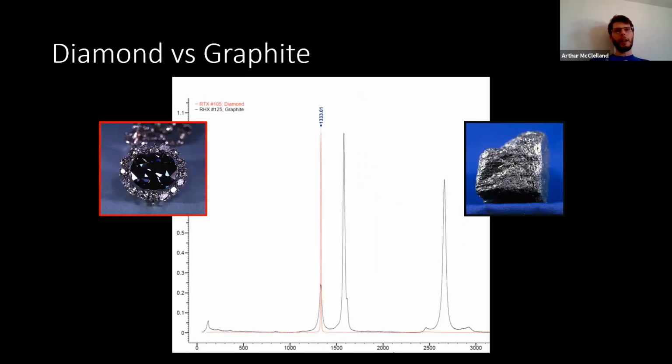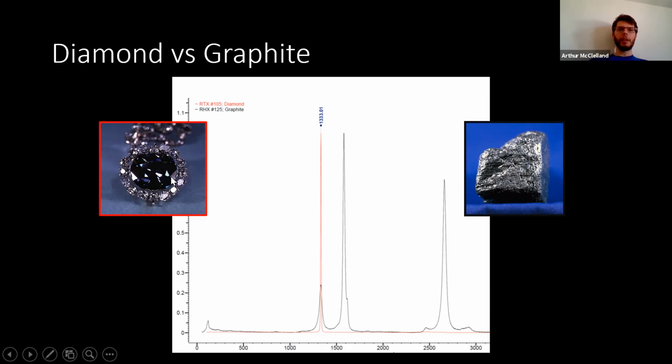And the nice part about vibrational spectroscopy now is that we're sensitive to the specific bonds, the specific arrangement of atoms. So if we have diamond and if we have graphite, they're both pure carbon. If you use some of the analytical techniques that just give you elemental analysis, it says they're both carbon.